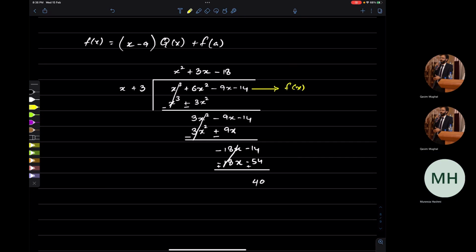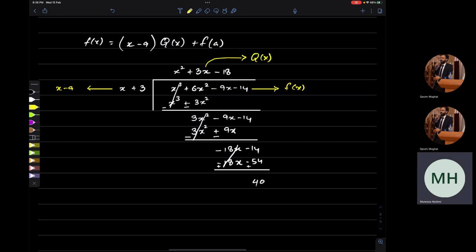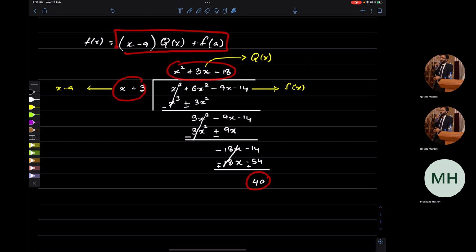In this case, this is x minus a. This is q of x. If I multiply this and add this, you get all this.